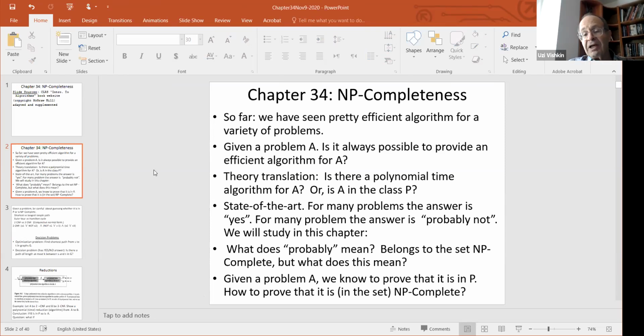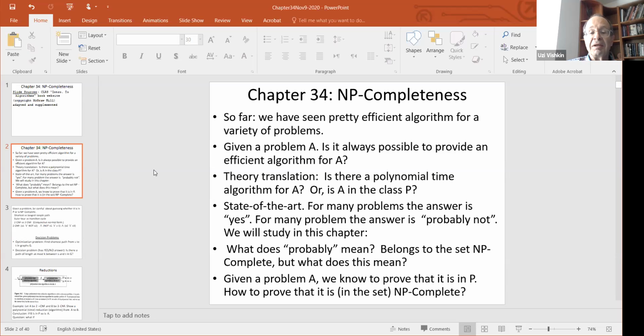So what is the state of the art? State of the art is that we have a positive answer for many problems, but the state of the art is also a bit frustrating, because we really don't have problems for which we say the answer is no, exclamation mark, meaning definitely not in P. It turns out that the best answer that the state of the art provides is probably not.